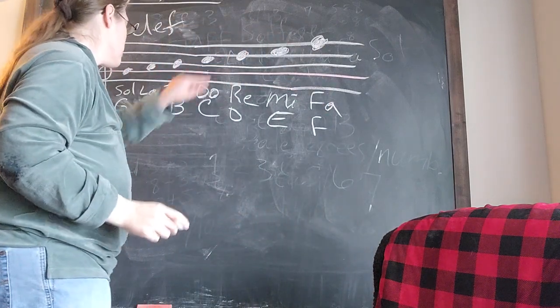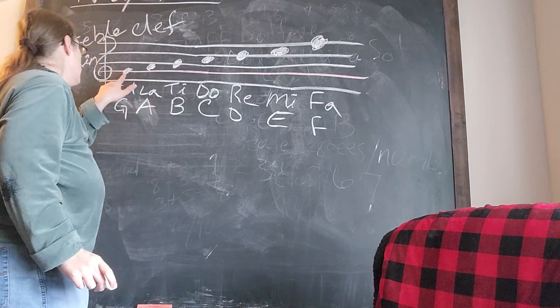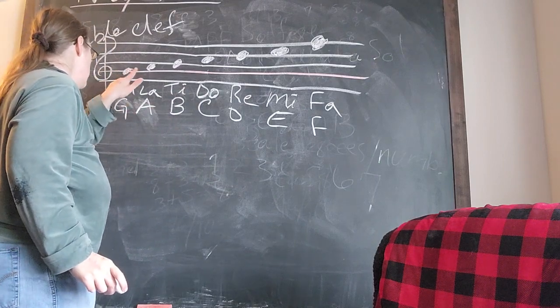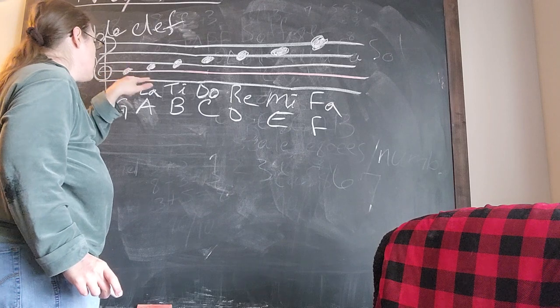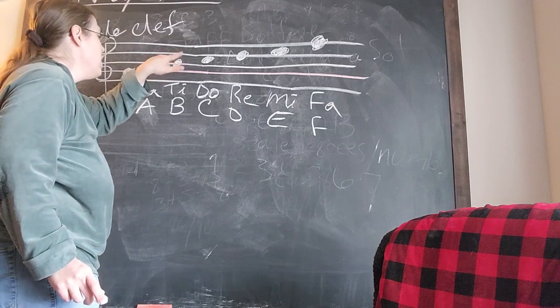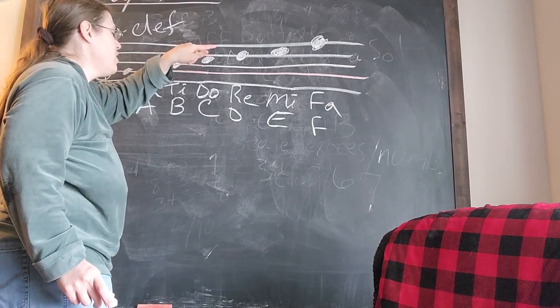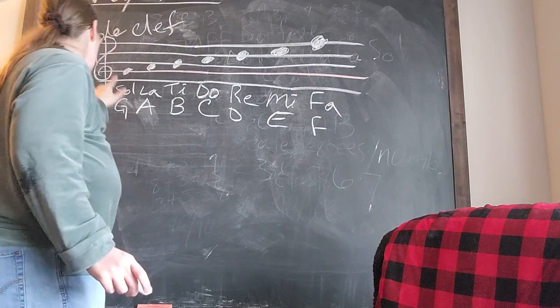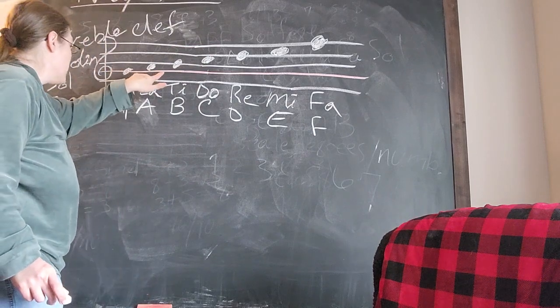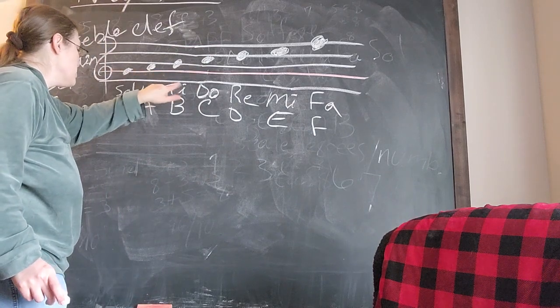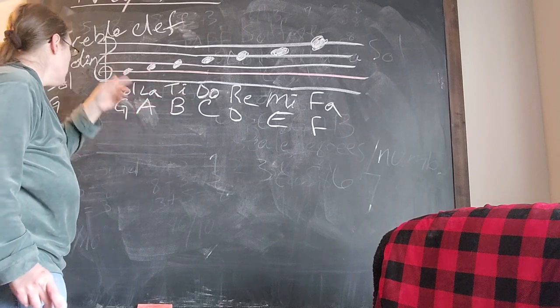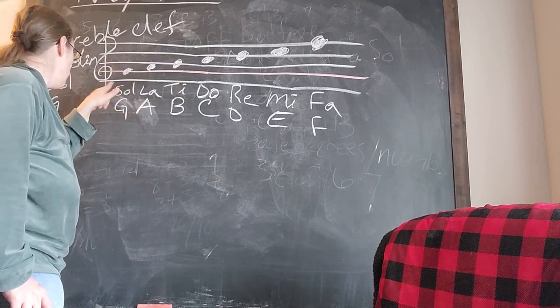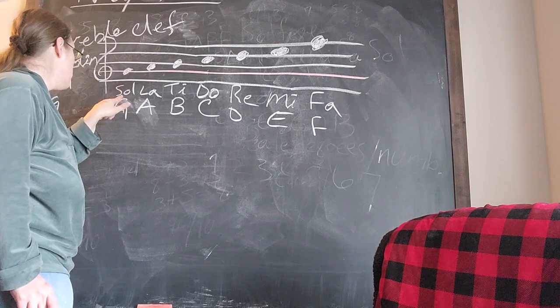So, if we were to sing this, sol, sol, la, sol, la, ti, do, re, mi, fa. Now we have a couple pitches. This line, or the space in this line, we have not yet learned. Going backwards, we have sol.